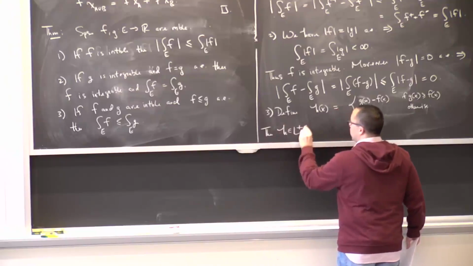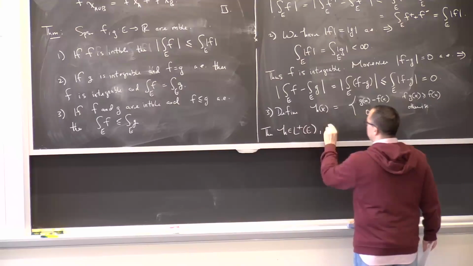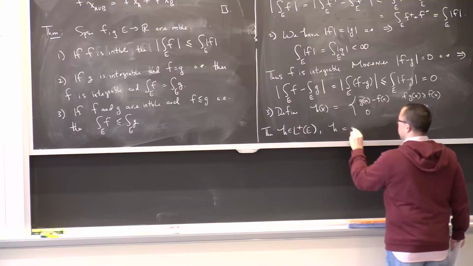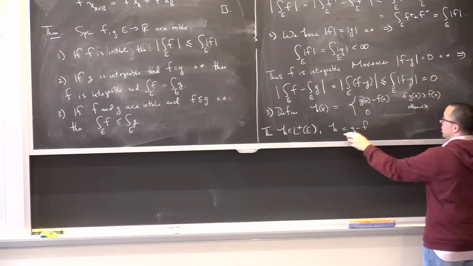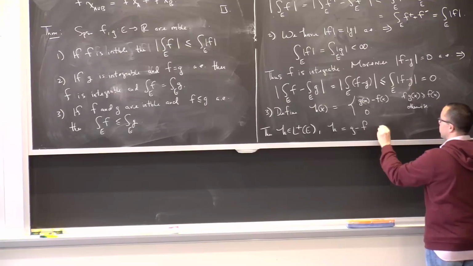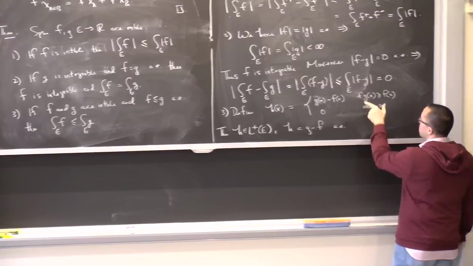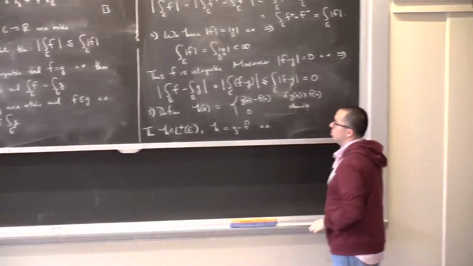So this is a non-negative measurable function. And since g is bigger than or equal to f almost everywhere, h is equal to g minus f almost everywhere, because this condition is satisfied almost everywhere.